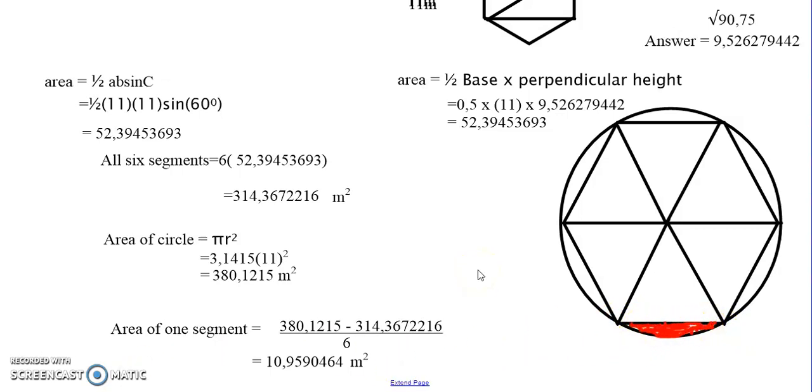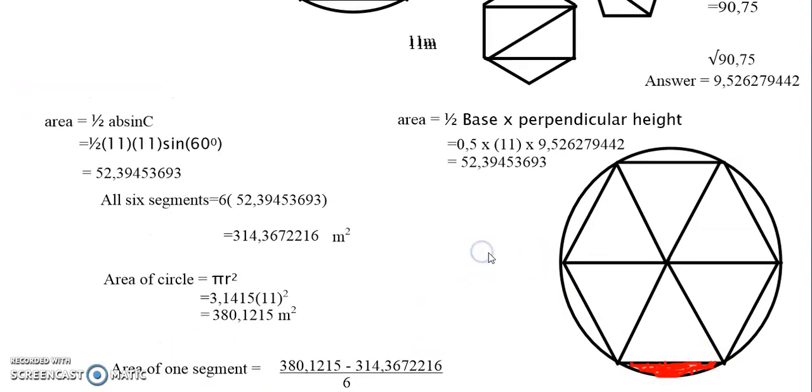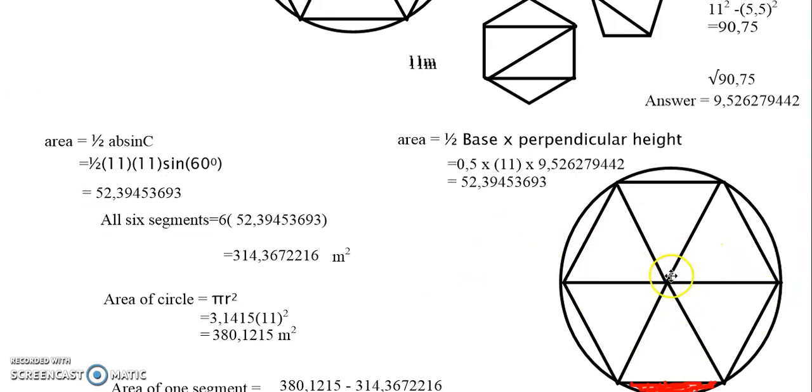That is a lot of information to consume, but remember, when I calculate the area of this one triangle, and I know now that this triangle is an equilateral triangle, from there I can deduce the following. I could use the area rule, or I could use area is equal to half base times the perpendicular height.